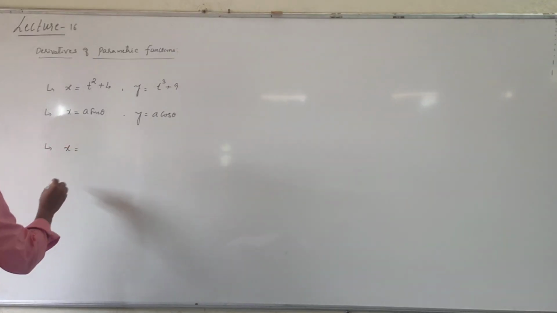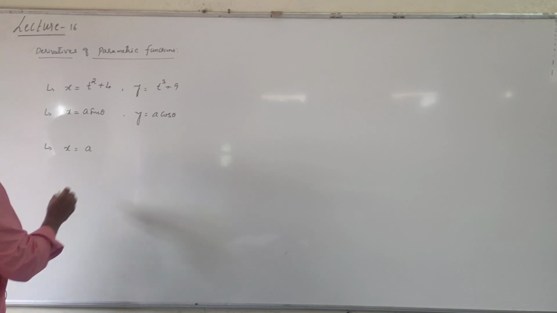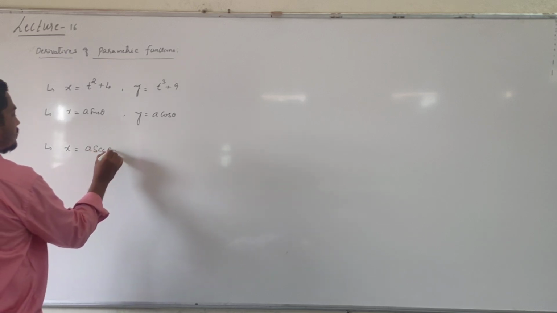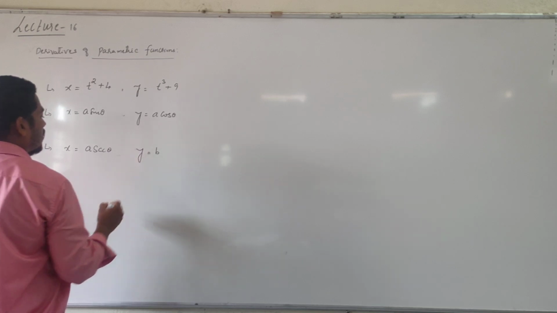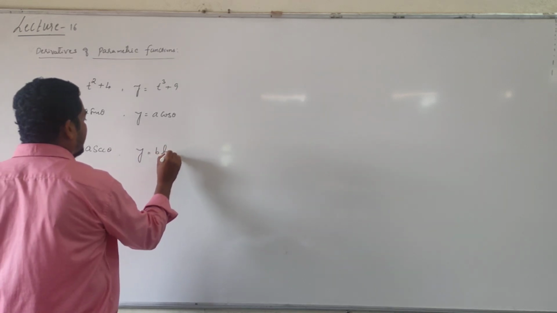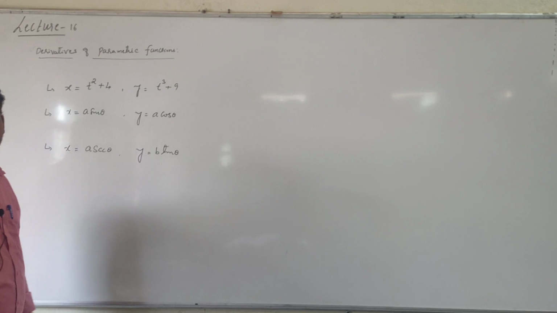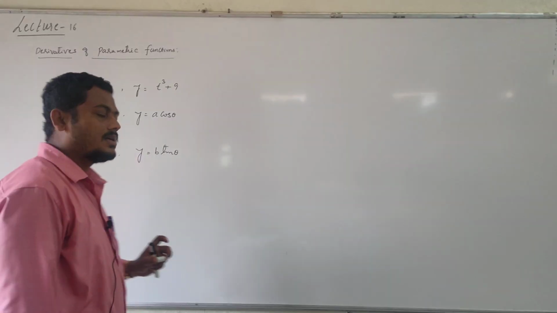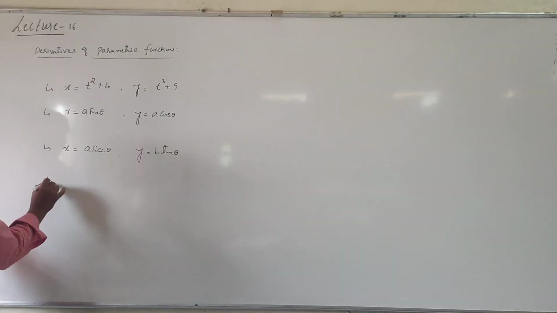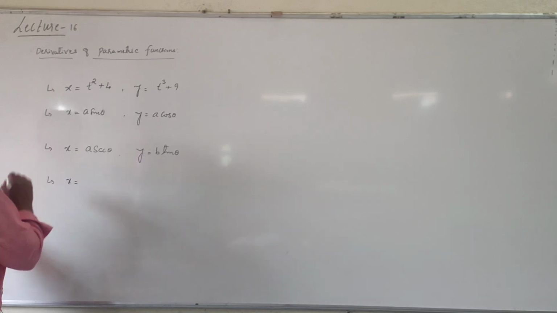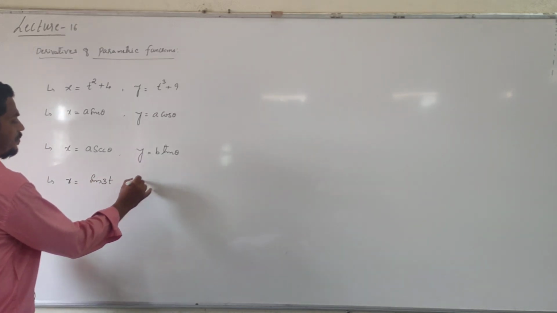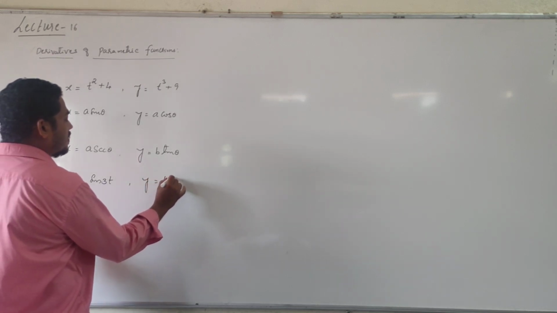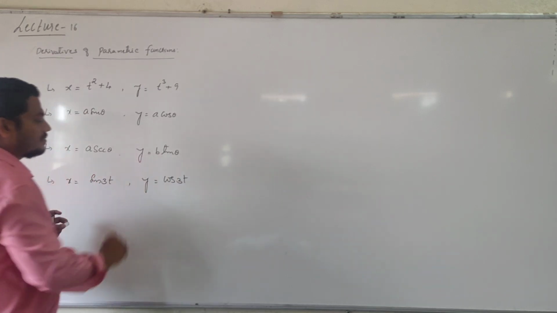Or x equal to a secant theta, y is equal to b tan theta. It is parametric function. Or x equal to sin 3t, y is equal to cos 3t.